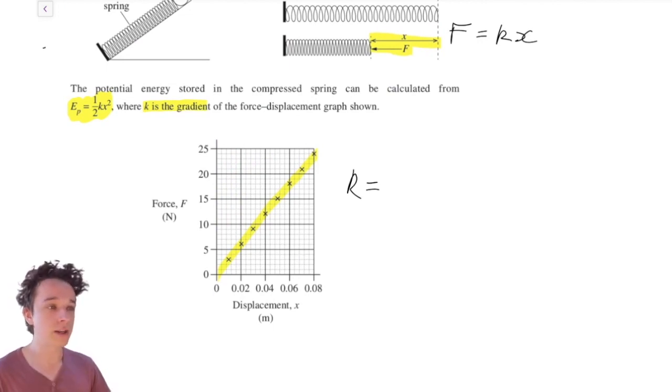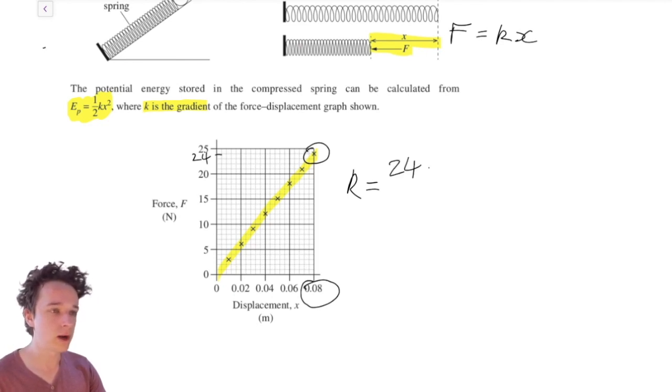The way that we can find the rise over the run is by considering 2 points that exist on the line. So I'm going to consider this point up here, which looks to be 24, and it corresponds with this 0.08 here. So we're going to do 24 minus 0 divided by 0.08 minus 0.